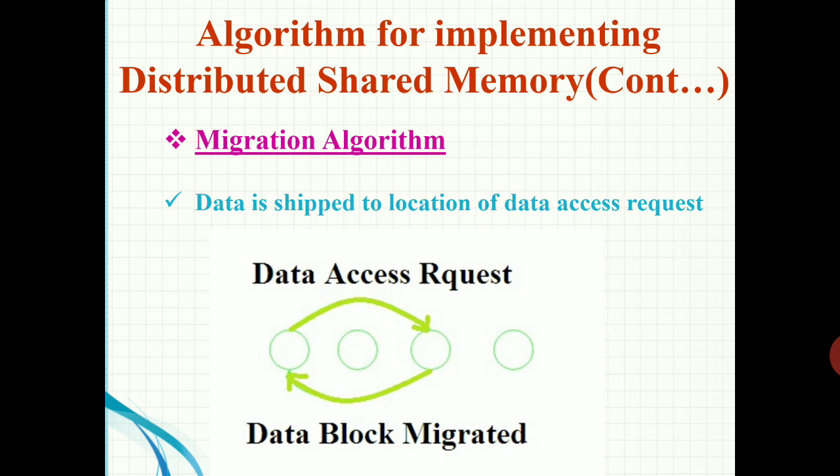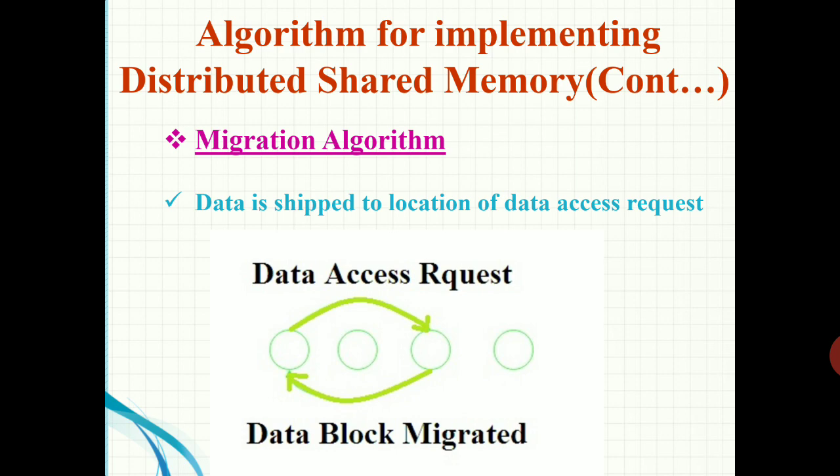Then this algorithm provides an opportunity to integrate the distributed shared memory with the virtual memory provided by the operating system at the individual nodes. In addition to the distributed shared memory, we can use the virtual memory provided by individual nodes in the distributed system. That is one advantage of this system.